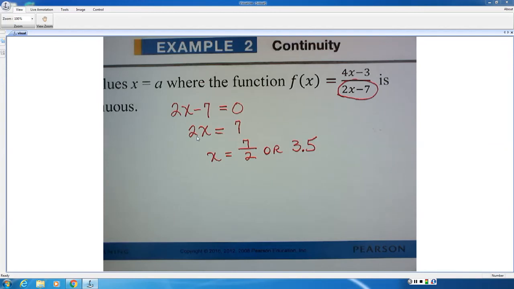So x equals 7/2 or 3.5. So does f of 3.5 exist? No.